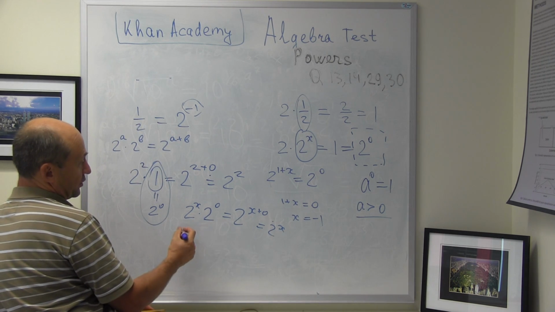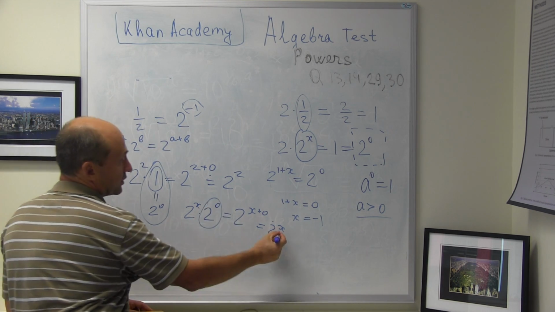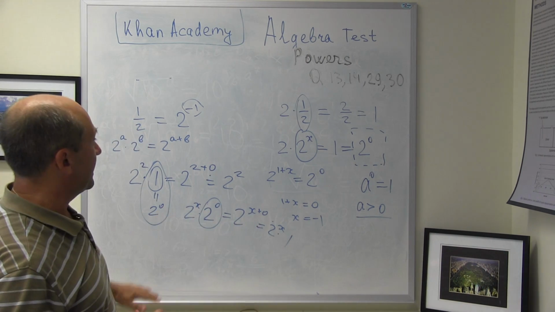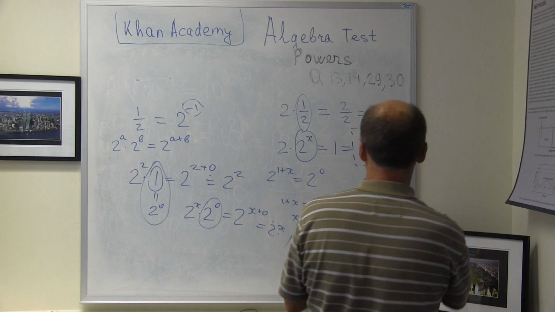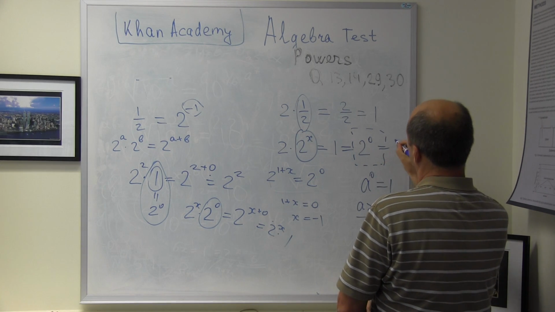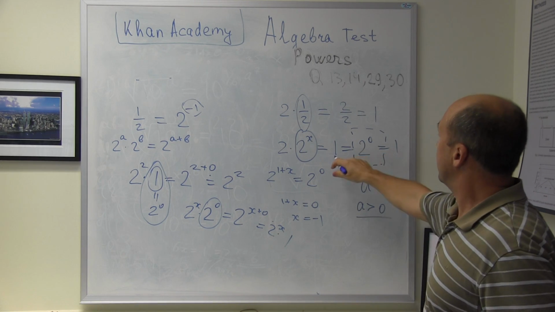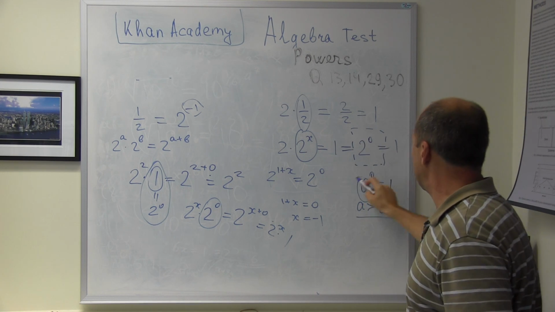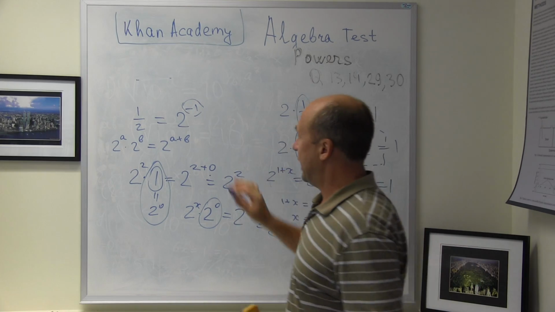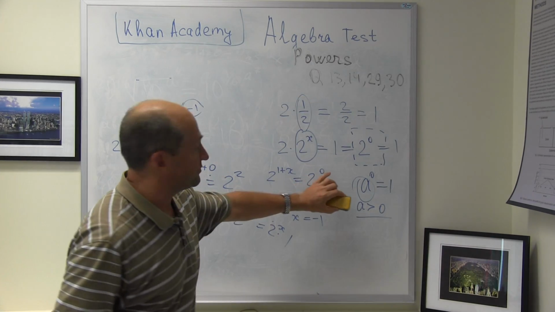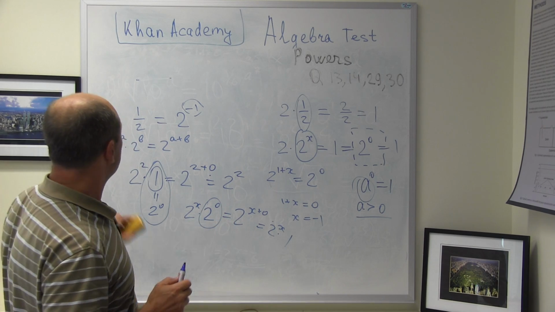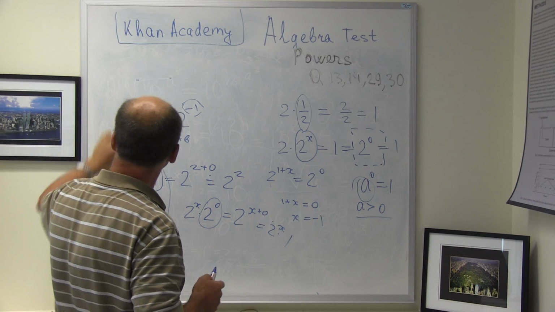So therefore, these could only be 1. So that's another way of looking at it and justifying this expression that 2 to the power of 0 is equal to 1, and you can equally take any base a and motivate this fact.